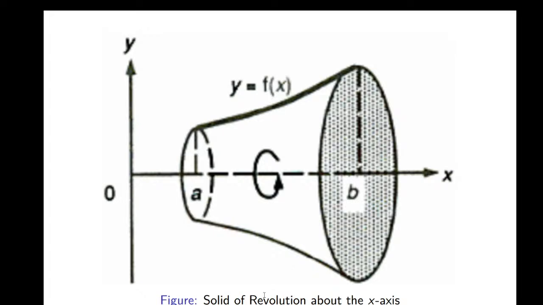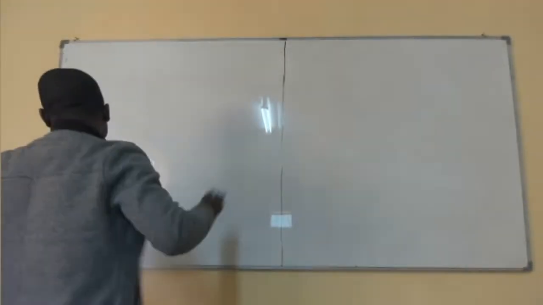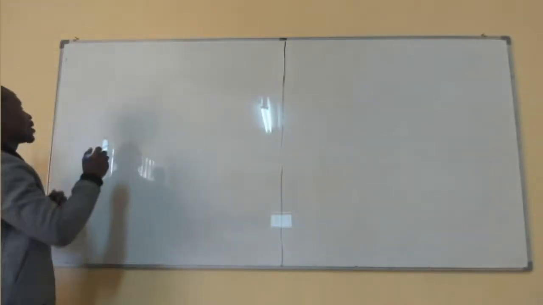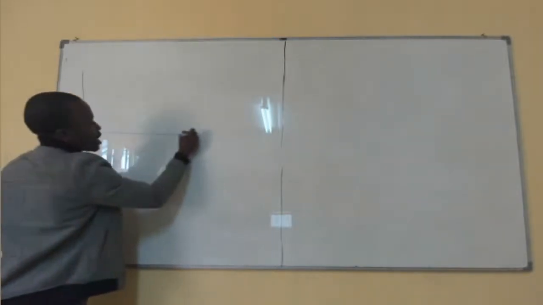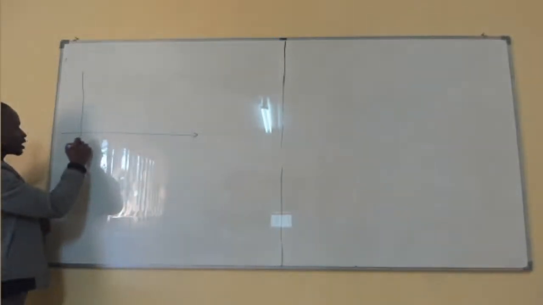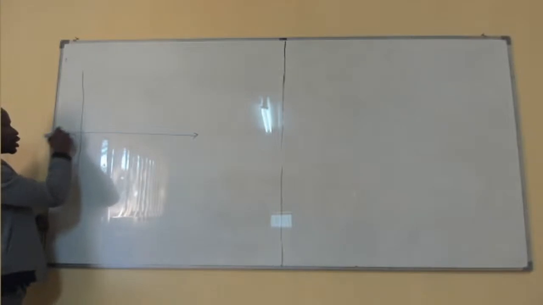Let me show you why, at the end of it all, what you see is some kind of solid. Let me show you something on the board. If you pick a wire, you have an x-y plane, and let's say this is the origin.